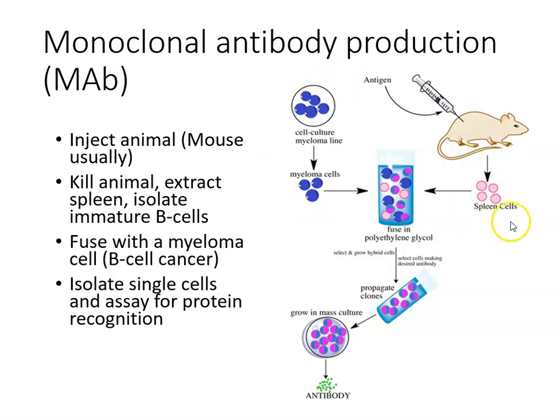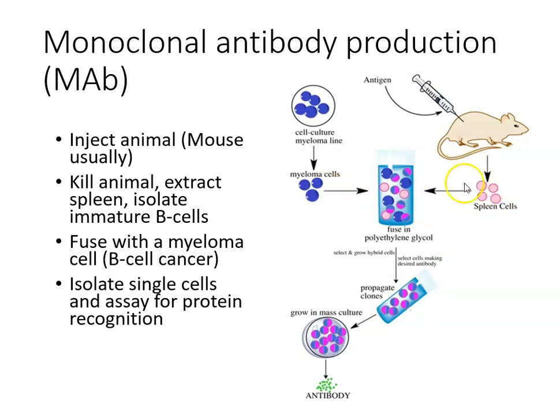You fuse the spleen cells with some multiple myeloma cells. Now, multiple myeloma is a B cell type cancer. So these are cancerous cells, so they're immortal, they can grow long term. The spleen cells would die in cell culture very quickly. So they have a very limited lifespan.